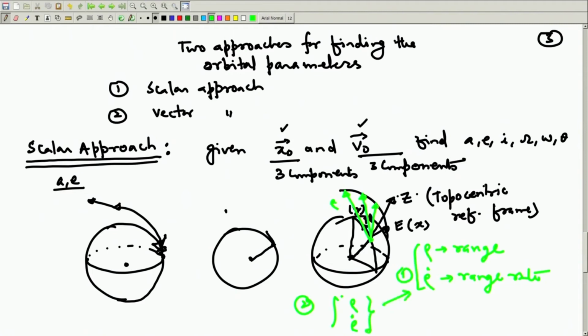Using this data, you have to determine the orbit, that is, a, e, i, capital omega, small omega, and theta. This is called POD, preliminary orbit determination.